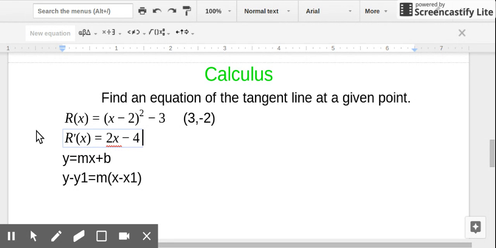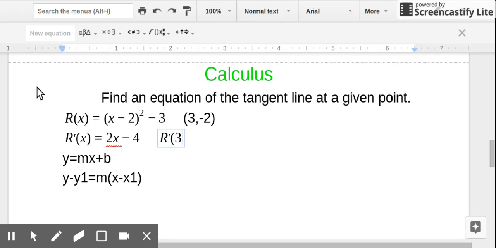Pretty sure. And I'll let you use the limit process to figure that out, which I went over in the last two sections.